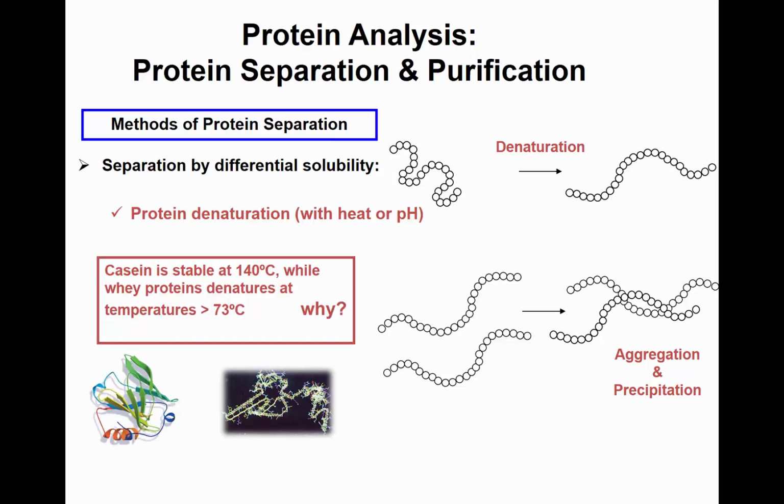So here's the temperature of denaturation. Again, consider an open structure protein versus a globular protein. A globular protein is more prone to structural change, so it will denature at lower temperature. Whey protein denatures at 73. Open structure casein is stable at 140 degrees C for quite some time before it denatures. Why?